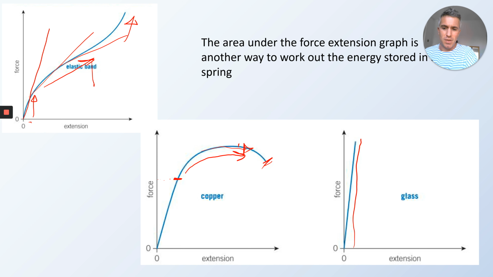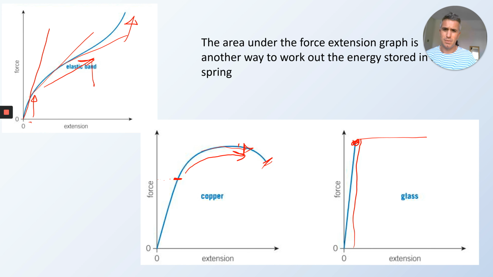So it didn't do any of this bit like the copper did, where it goes like this. There's no plastic behavior, which is bizarre because this is plastic. Glass definitely doesn't have any plastic behavior. You can push glass a little bit, it might bend a little bit, but it'll go back to the way it was. That's Hooke's law. If you push it too far, the graph stops: smashes, broken.